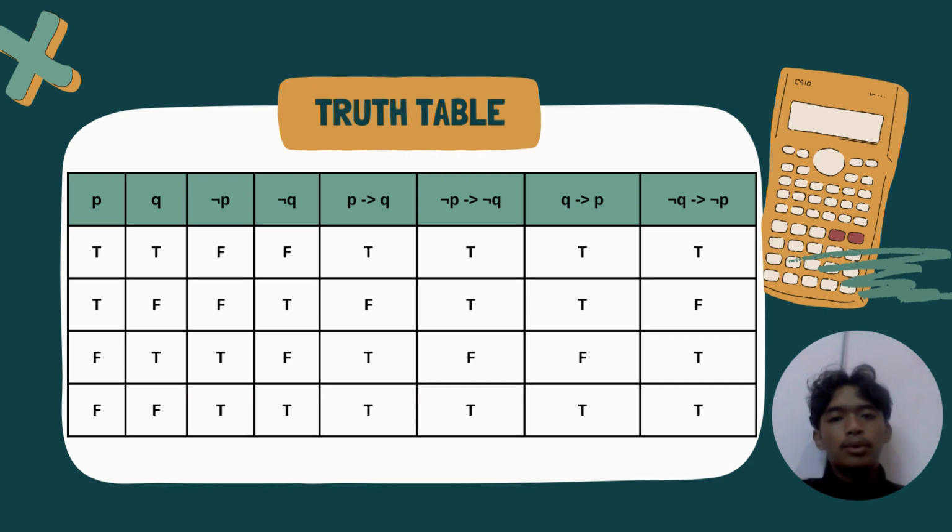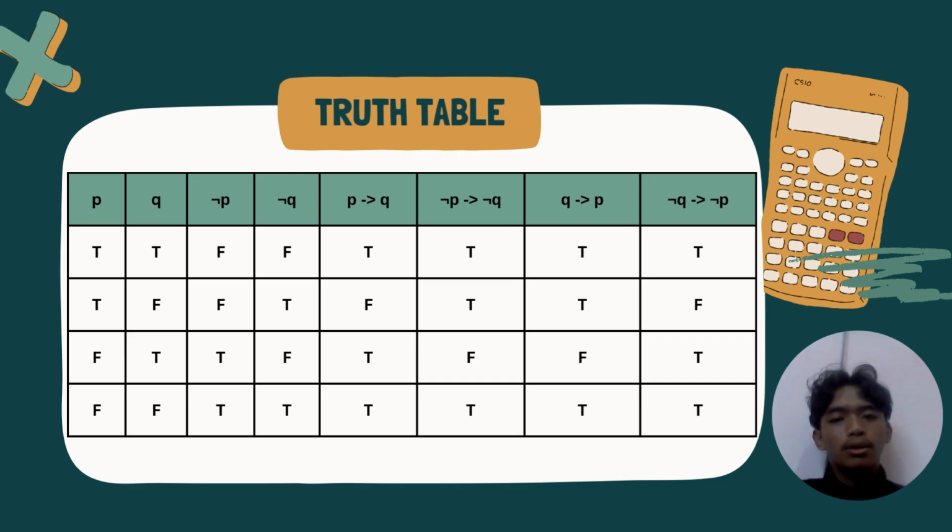So from the table, we can conclude that the conditional and contrapositive are the same because both of them have the same values, while the converse and inverse are otherwise. Both of them have the same values.